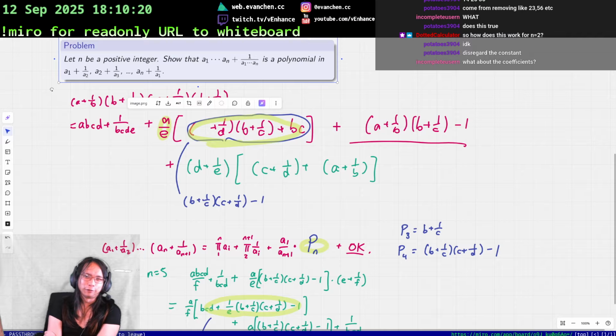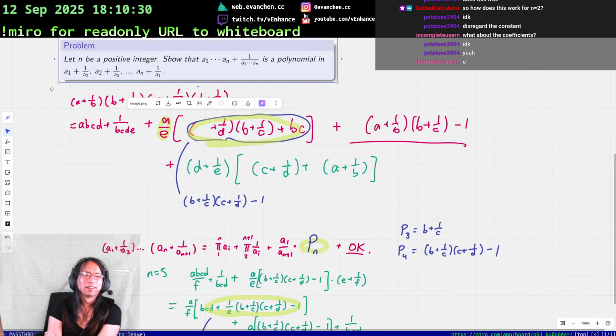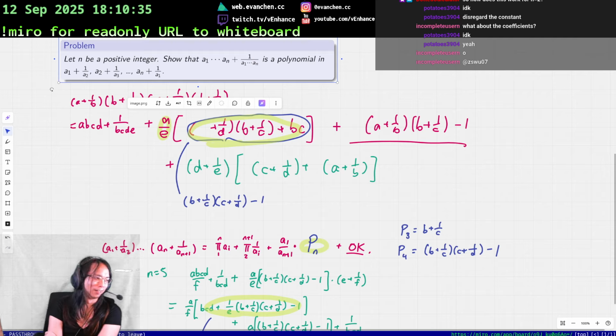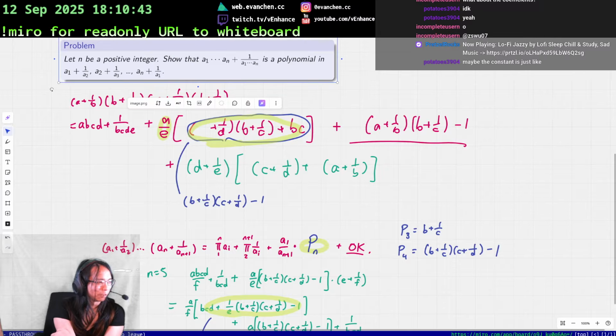Well, I think the claim is the coefficients have all been plus minus 1 so far. Maybe. Maybe that way. Actually, that might not be true. Like, it is true we've only seen plus minus 1 coefficients so far, besides the constant term.